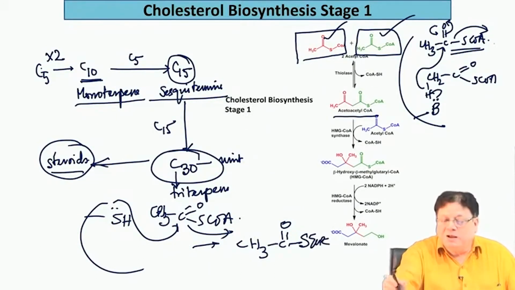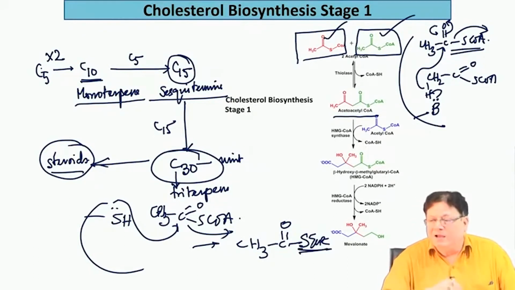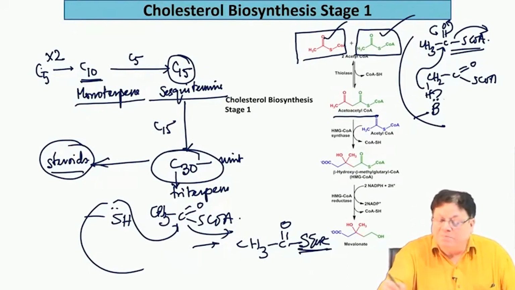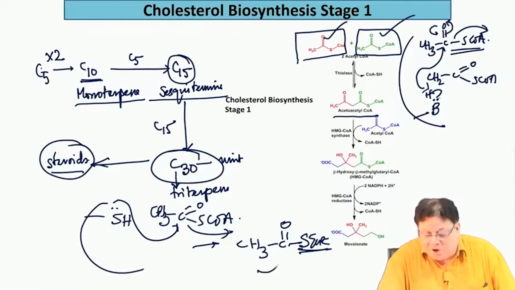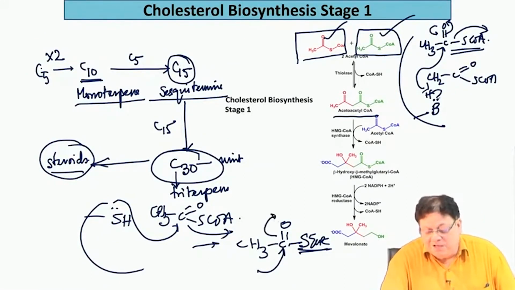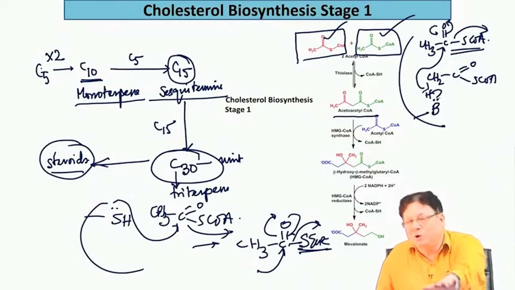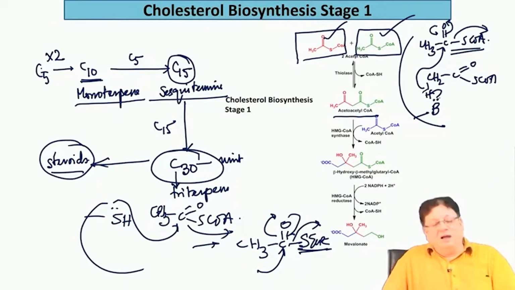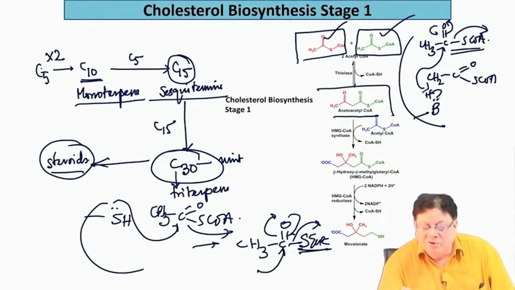So, instead of the coenzyme you have a sulfur containing the enzyme. And then the other part, which is enolized by an imidazole base, comes and attacks this compound. That is the precise mechanism. But for simplicity you can say that two molecules of acetyl CoA condense to form what is called acetoacetyl CoA.